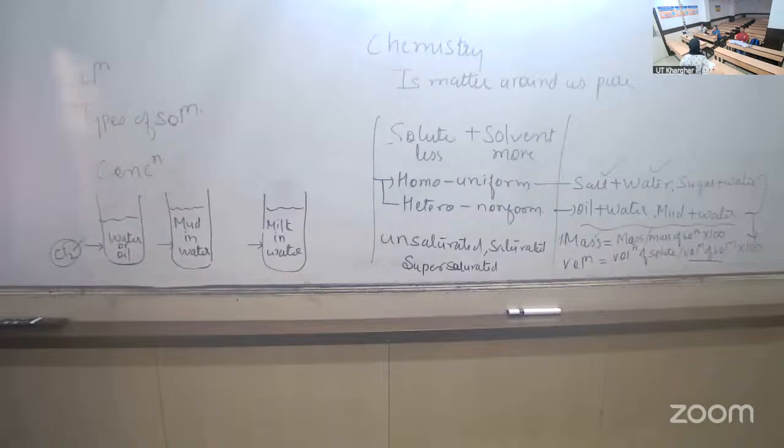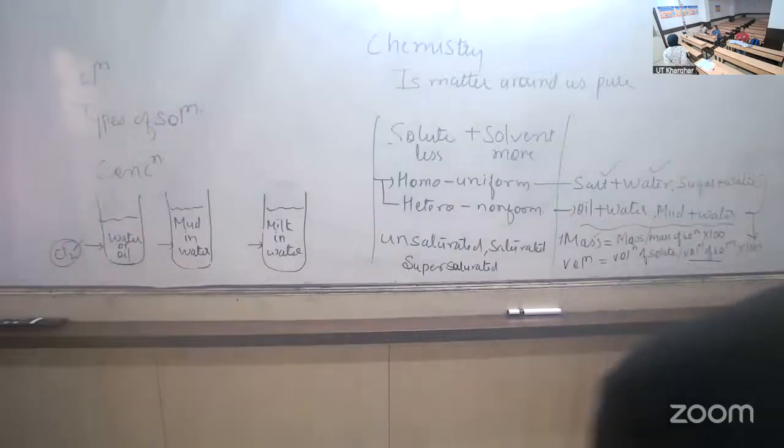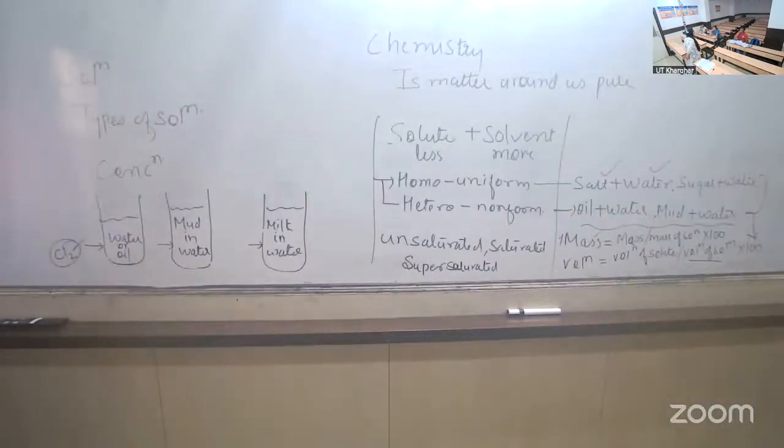Spread. Okay. In the first one, as the particle sizes are very small, they are not at all visible. They cannot be separated. So light rays will pass straight through. Okay. If you go for the second one, we have mud and water, bigger size, smaller size, all are present. So light rays will scatter, but that effect is not known as the Tyndall effect, it is not so effective.